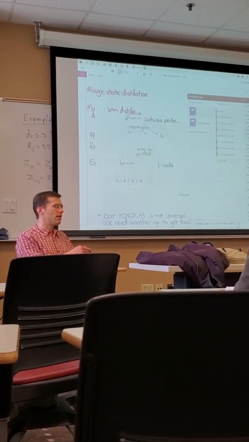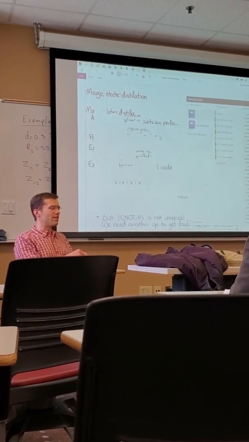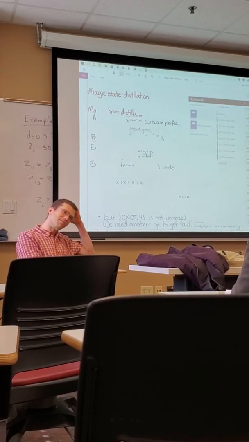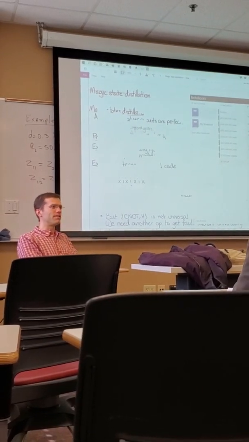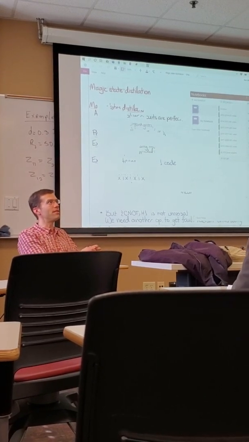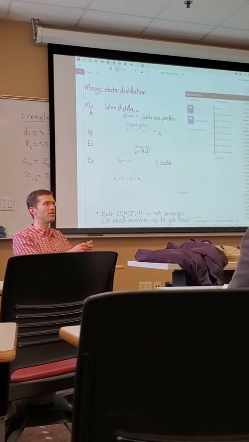Anyons are, I don't know what's the way of saying this, a sort of generalization of qubits maybe. So it's a different kind of physical system. Well, it's conjectured to exist in different kinds of physical systems, but it's a very nice mathematical model that you could say generalizes qubits.